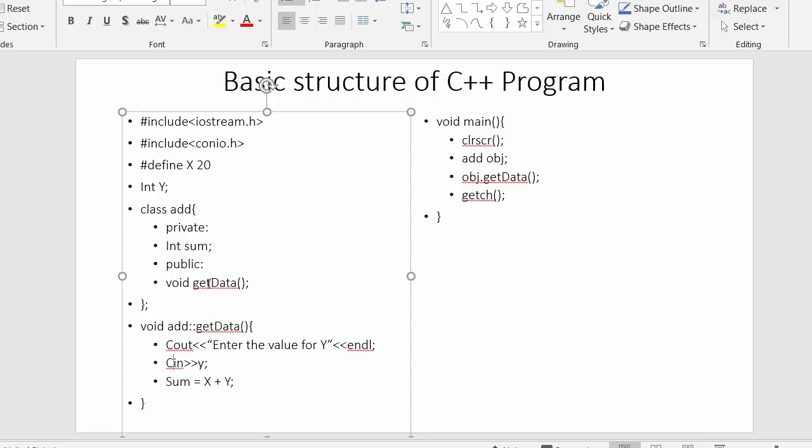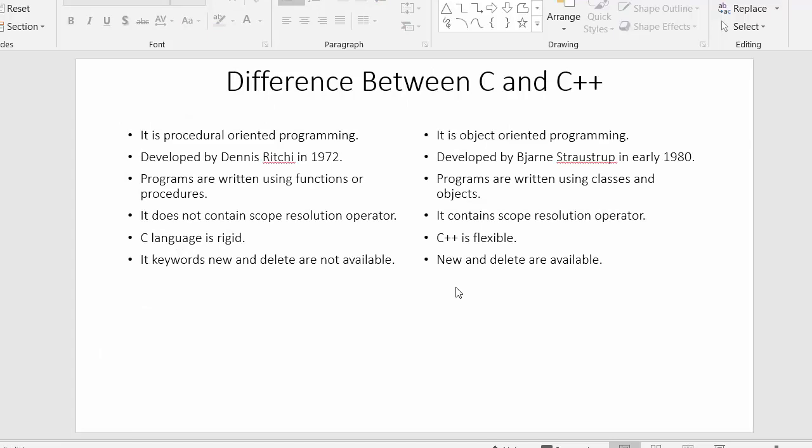I have declared this function inside the class, and if I want to write the implementation for this function outside the class declaration, then I have to use this scope resolution operator. This was not available in C programming, but later it was introduced in C++.